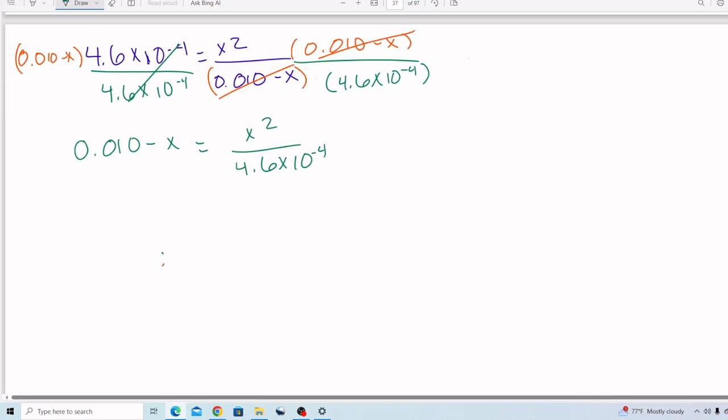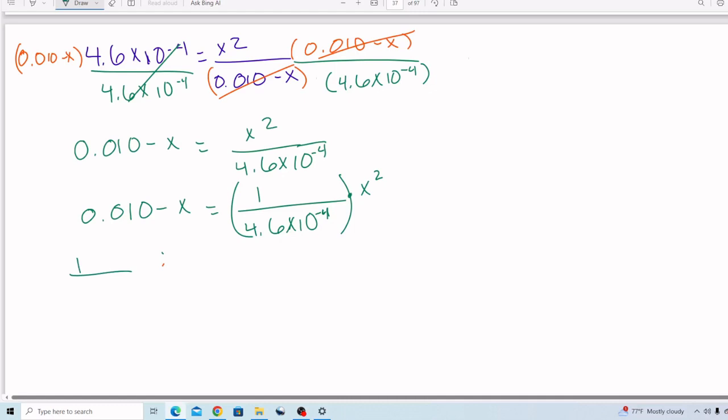And now I can say that this 4.6 times 10 to minus 4 in the denominator is the coefficient of my X squared. So let's rewrite that. 0.010 minus X equals 1 over 4.6 times 10 to minus 4 times X squared. Now I'm going to bring this X squared term to the left.